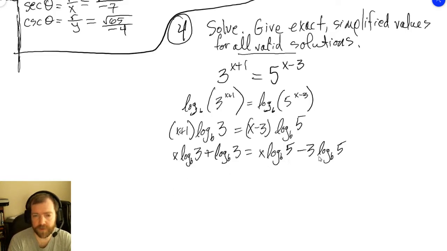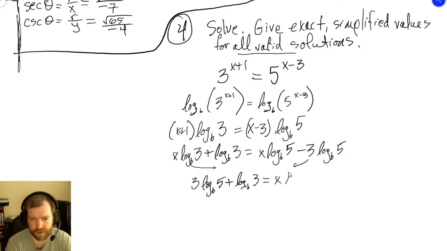We can make this more positive if we make this one go that way and this one go that way. So this is going to be 3 log base b of 5 plus log base b of 3 is equal to x log base b of 5 minus x log base b of 3.